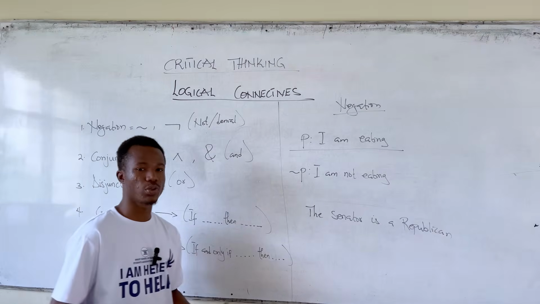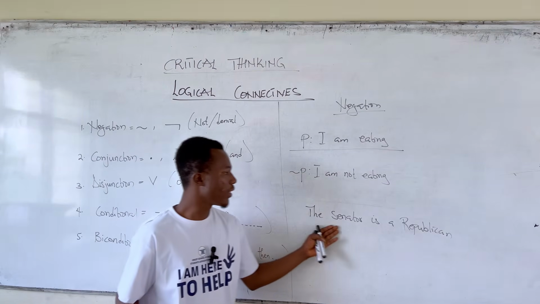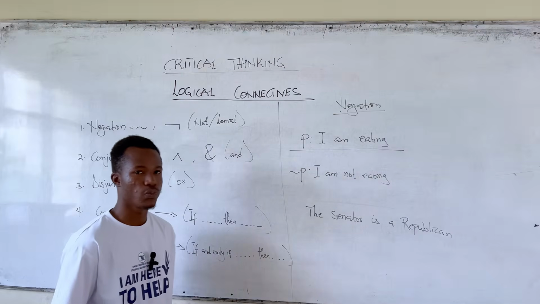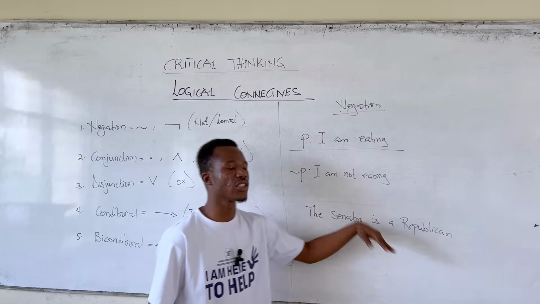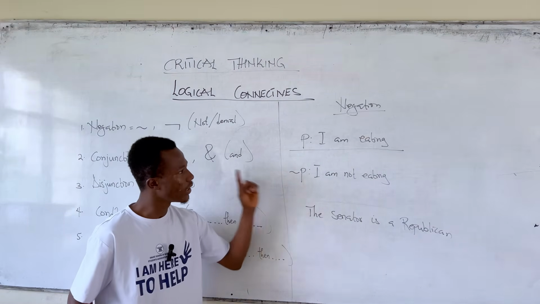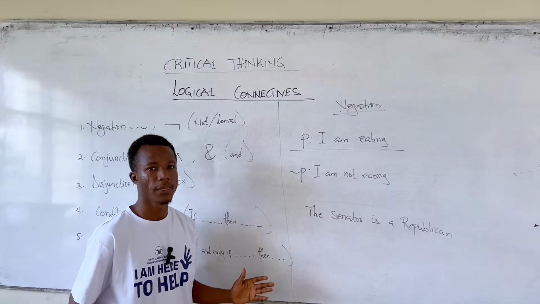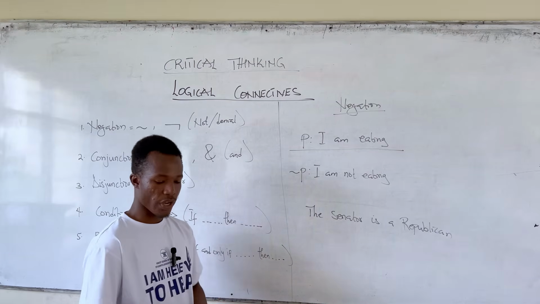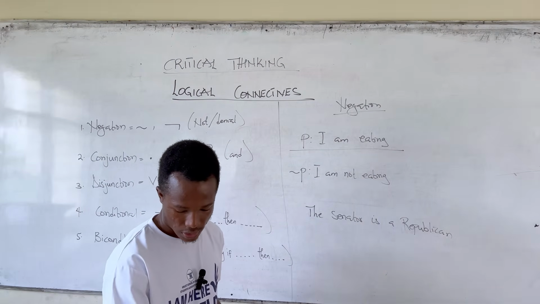An atomic proposition or a simple sentence, right? So if you want to deny it, what do you do? You just insert not, okay? So this senator is not a Republican. And that is the negation of a simple sentence or statement or atomic proposition. I believe you get it. So now we are going to look at it this way. You see, this one is a simple sentence.